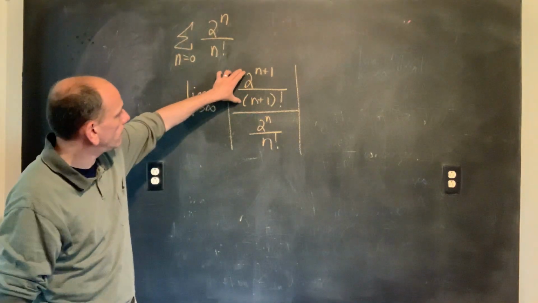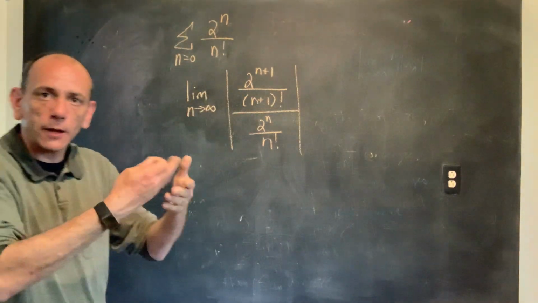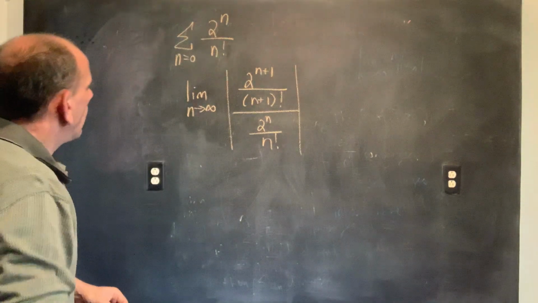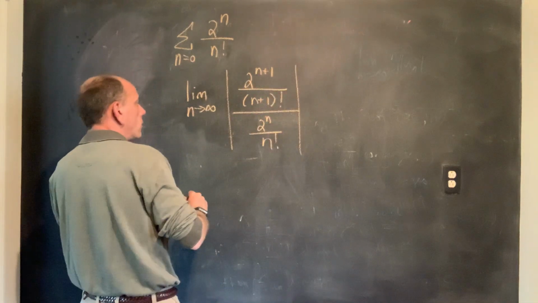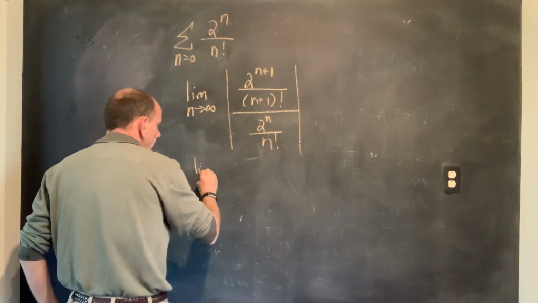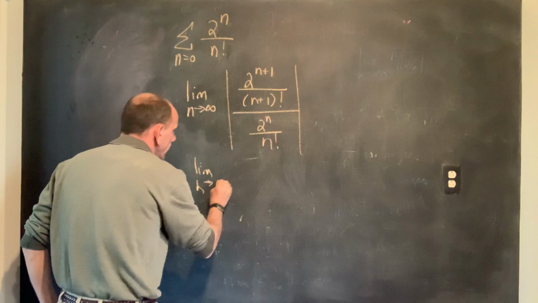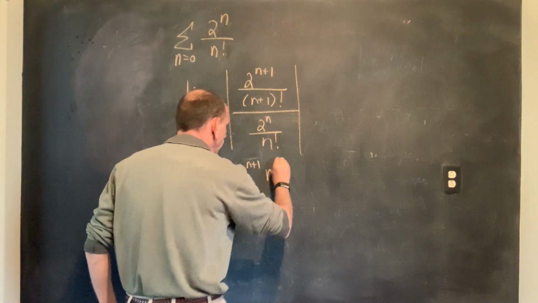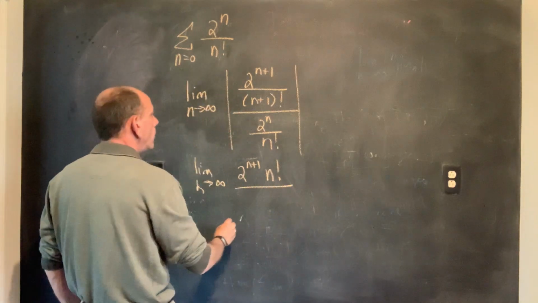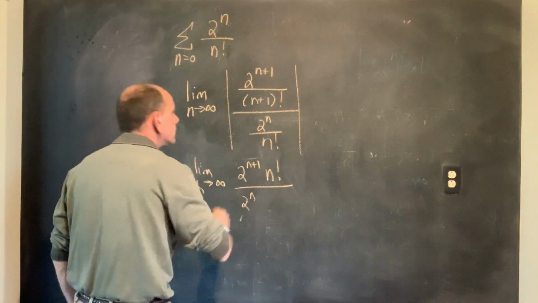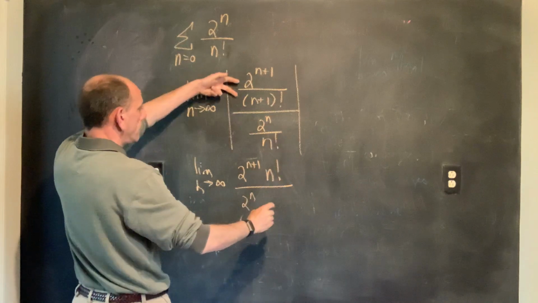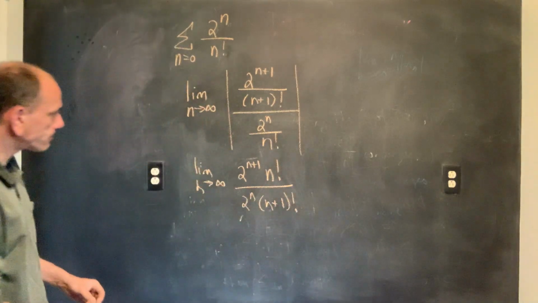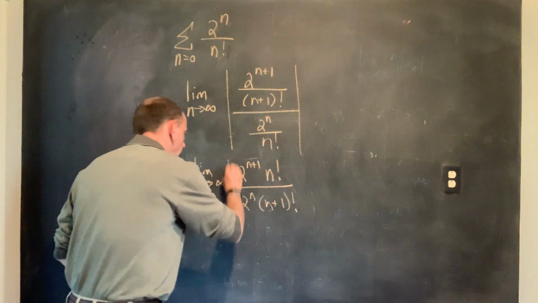So I'm comparing them to one another in the long run. This will flip up and that will go down, so I'll have the limit as n goes to infinity of 2 to the n plus 1 times n factorial over 2 to the n times n plus 1 factorial, absolute value.